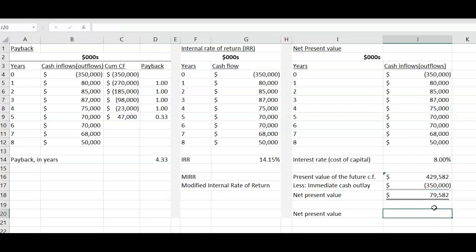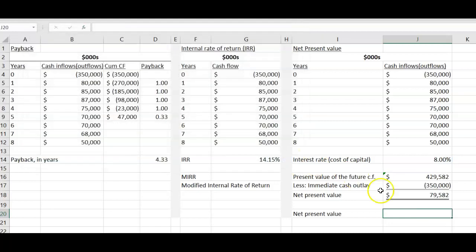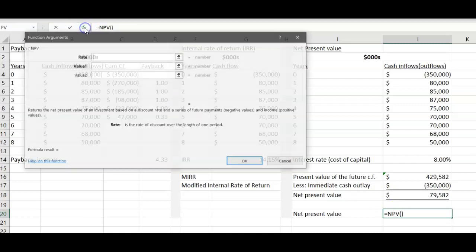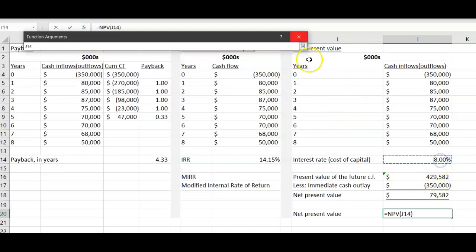All right, so to do this directly, you would just say NPV, left paren, give it the rate. Let me start again. Equal NPV, hit the left parenthesis, then come up here, hit the insert function button, and then point to what you need. Give it the rate.